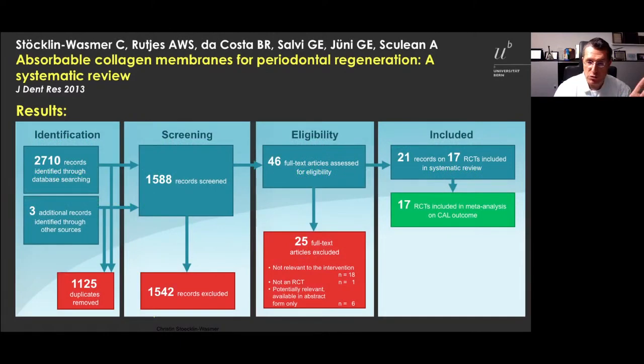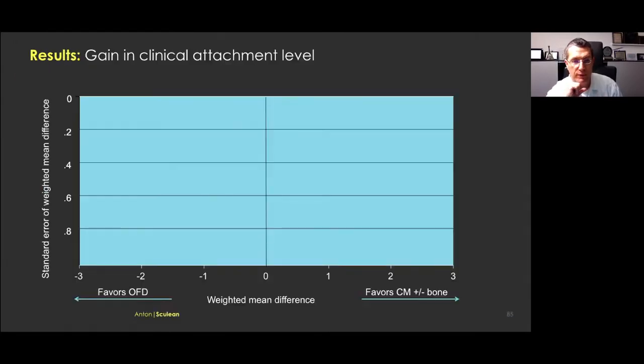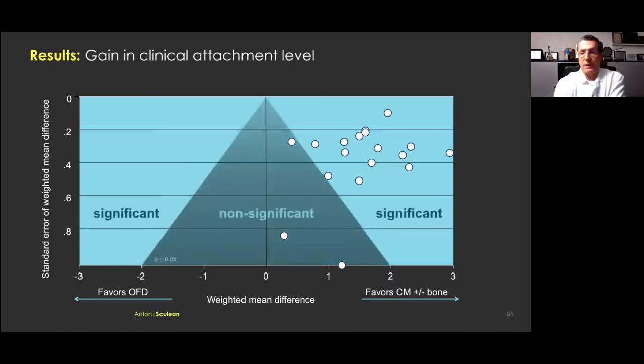we screened the literature some years ago. We started with more than 2,700 publications. We ended up with 17 randomized controlled clinical studies that we also included in the analysis. And what you can see is that using a collagen membrane, maybe combined with a graft, significantly improves the results.